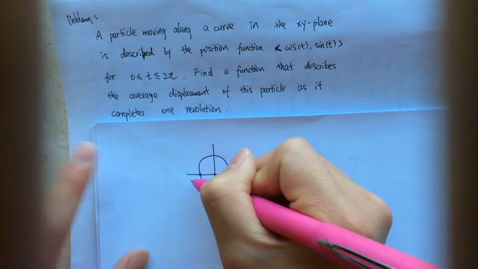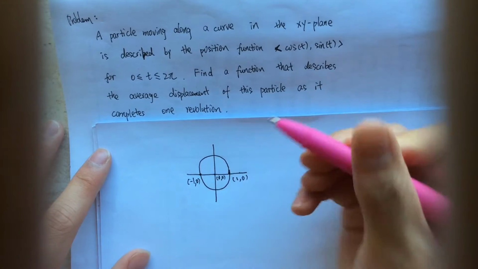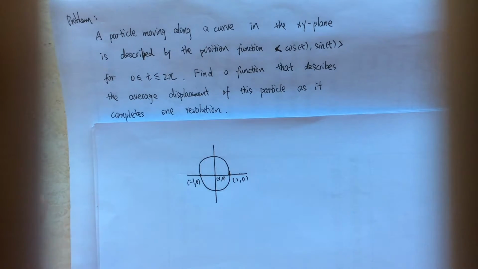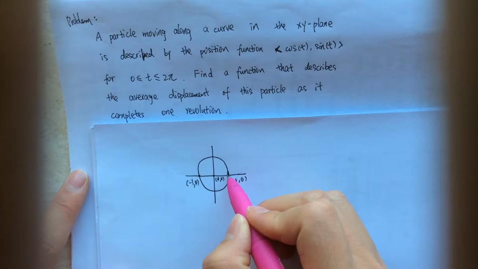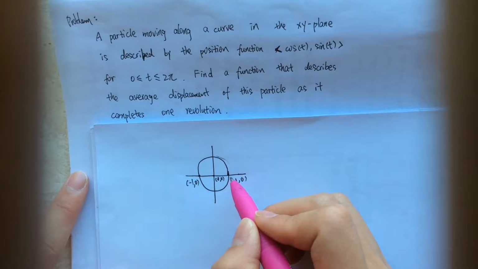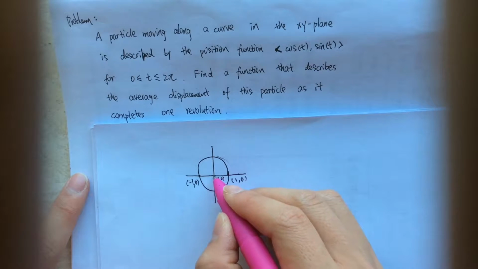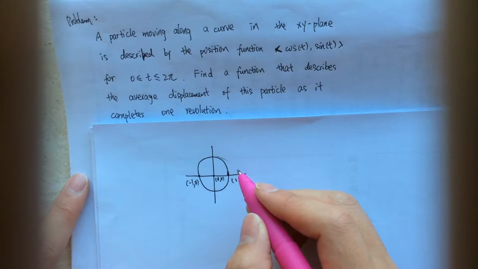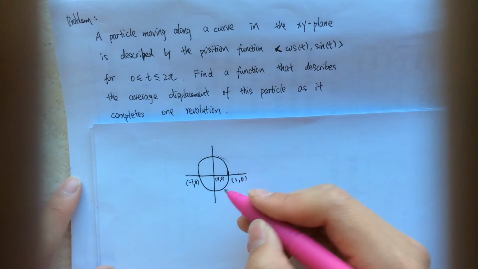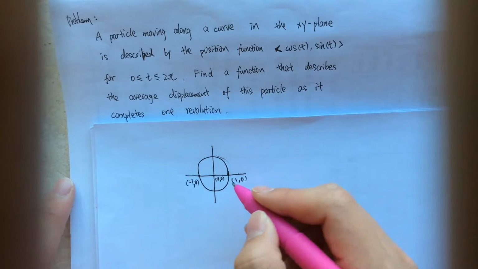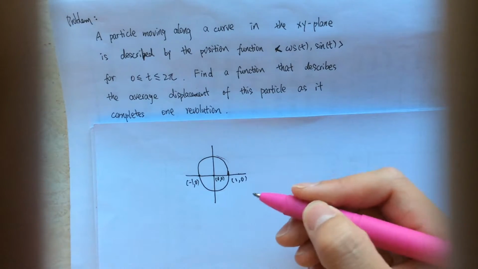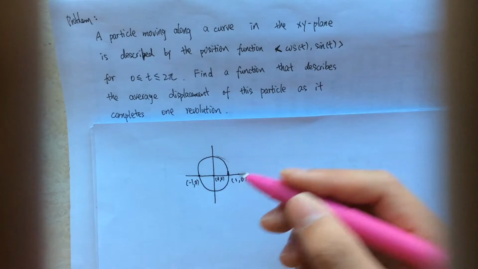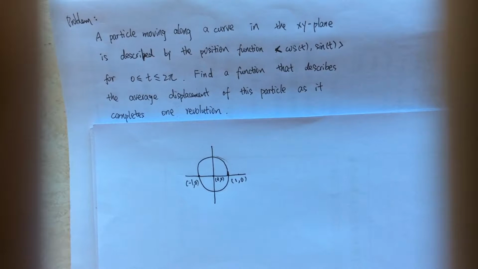This is the half point, negative 1, 0. Okay, it is quite obvious that when the particle completes one revolution, the average displacement will be in the center of this graph, which is the origin. The question is how to find a function that describes the change in displacement over time.